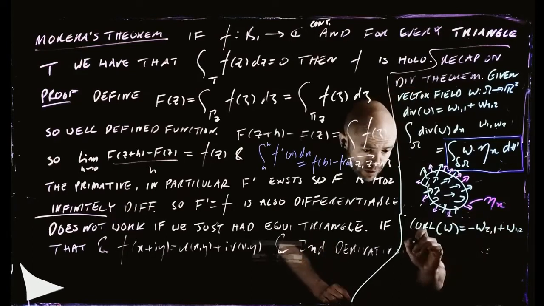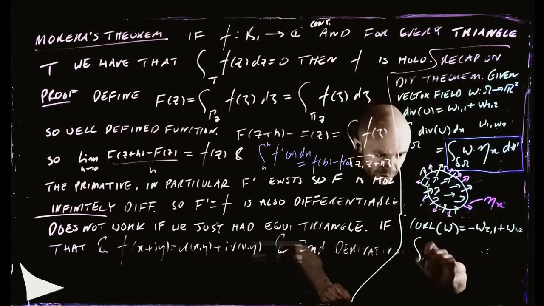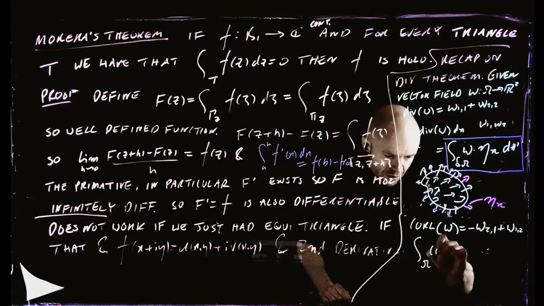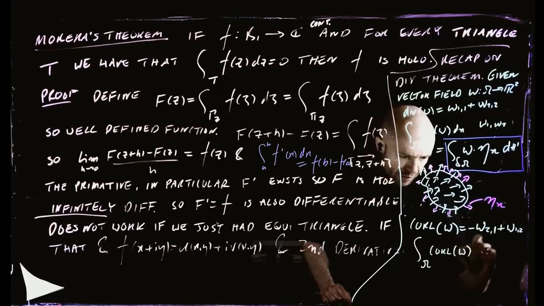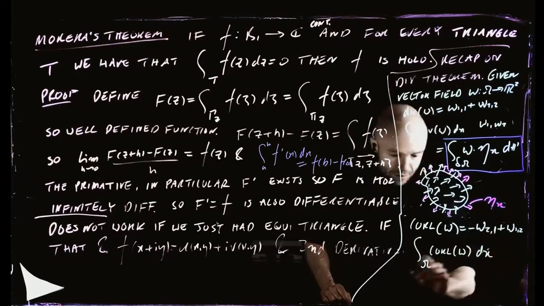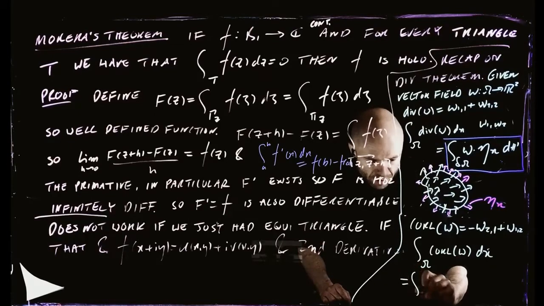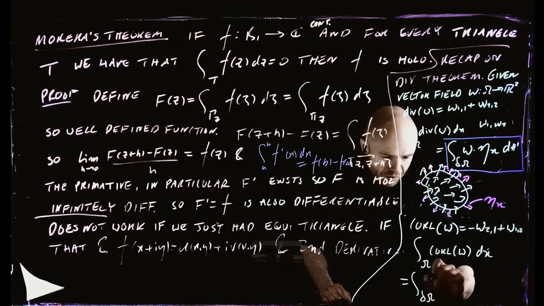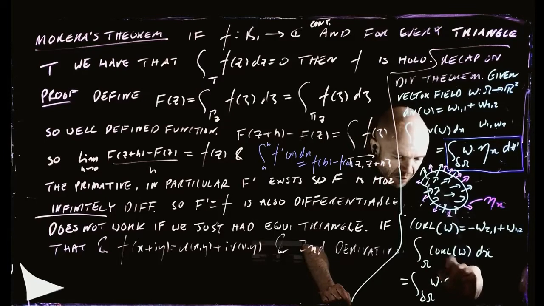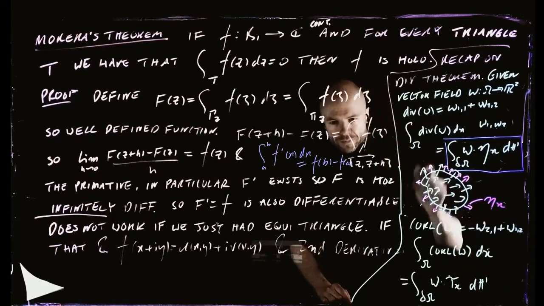Then Stokes' theorem is that when we integrate the curl of W dx, that's the same as taking the integral around the boundary of W dotted with the tangent T of x, the tangent around the outside.